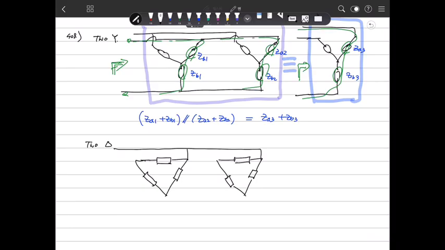Then this is connected in this manner, and this is connected in this manner, this is connected in this manner. So we make one delta here, like that.